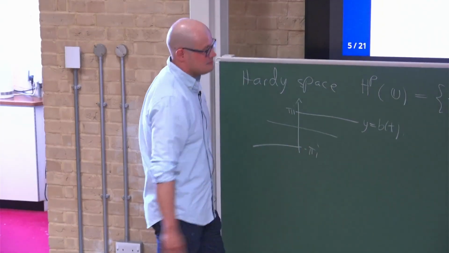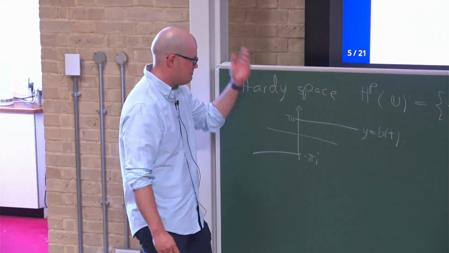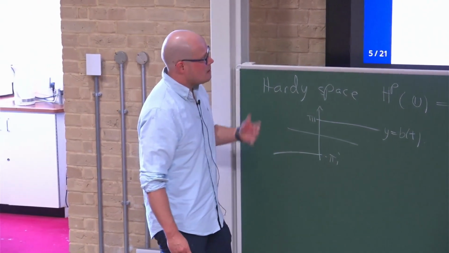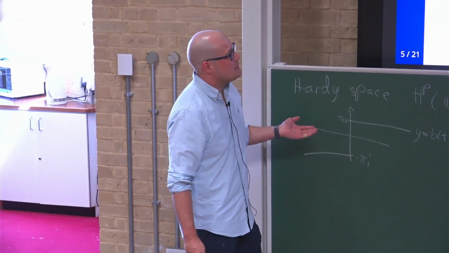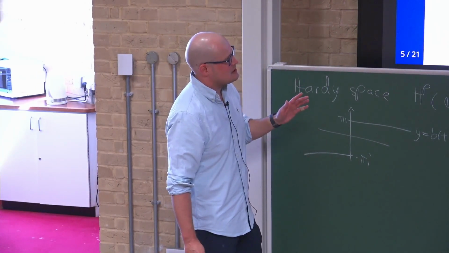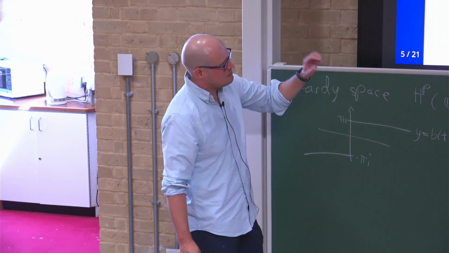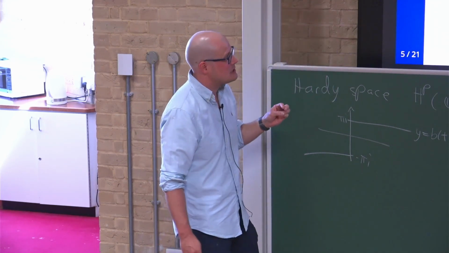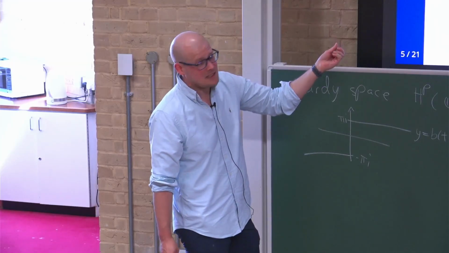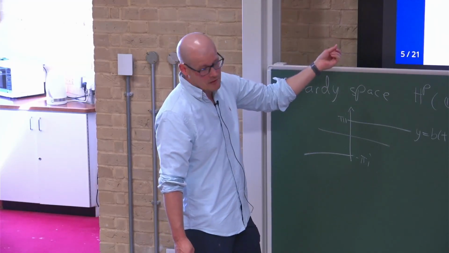It's just a sign function with pi i in front, so that's a bounded function. If you compute the Fourier transform, maybe there's some additional jump at 0, which we don't care about because we're looking at the positive Fourier support, it'll be like a principal value of 1 over x.